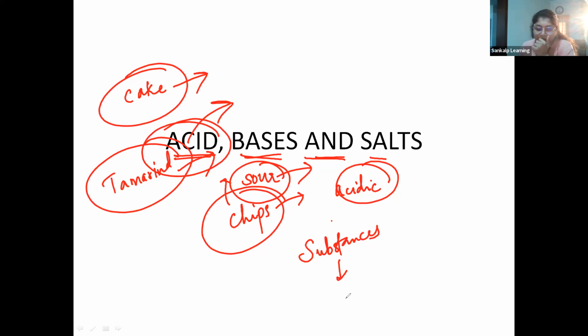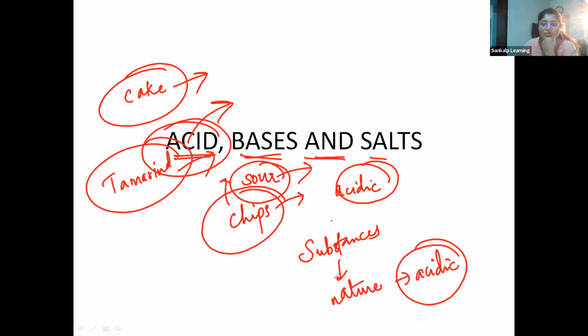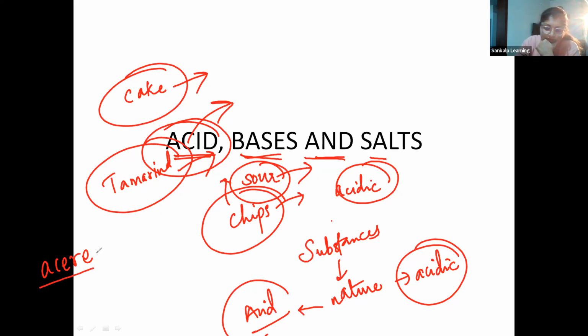So the nature of such substances is acidic, they show acidic behavior, and so they are put into a group called acids. Now there is a Latin word, acere, which means sour. So the word acid comes from a word which means sour.